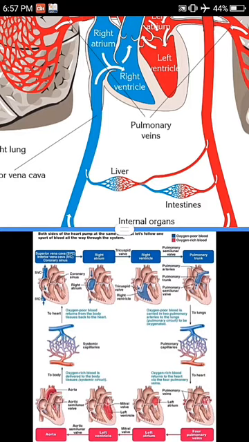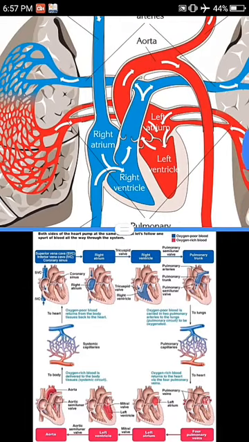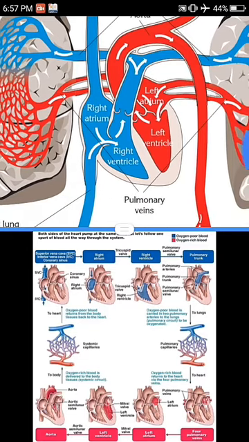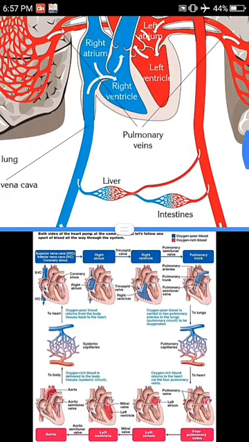Then the poorly oxygenated blood again reaches the right atrium and goes into the right ventricle, and then again into the lungs, so in this way the cycle continues.